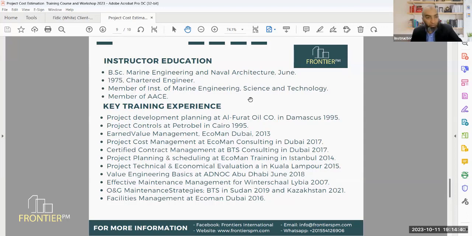Key training experience: project development planning at Al Furat Oil Company in Damascus, 1995; Petrobel, Cairo; Ecoman, Dubai; project cost management, earned value management, project controls, and certified contract management at PTS, Dubai; project planning and scheduling training in Istanbul; project technical and economic evaluation in Kuala Lumpur, 2015; value engineering at ADNOC Abu Dhabi; effective maintenance management for Winter Shell Libya; oil and gas maintenance strategies in Kazakhstan, 2021.